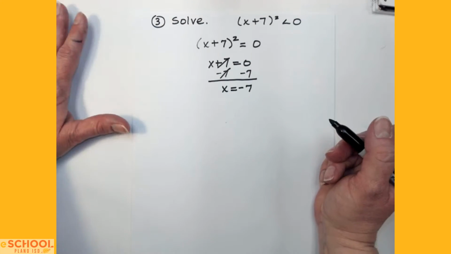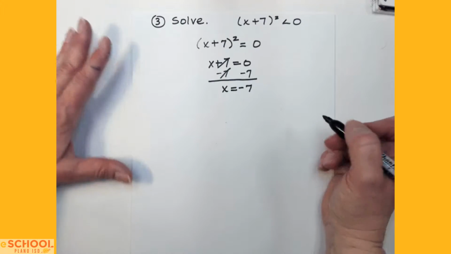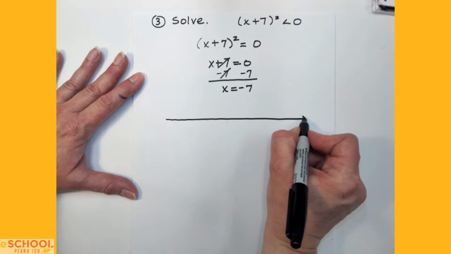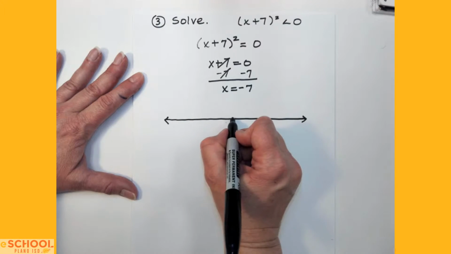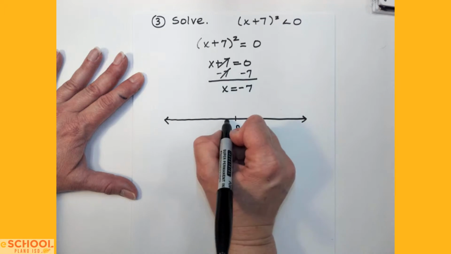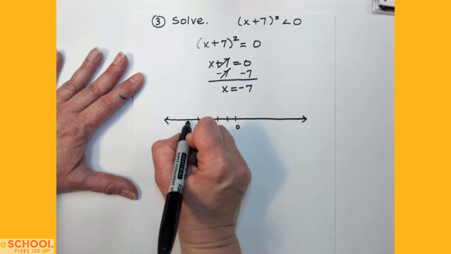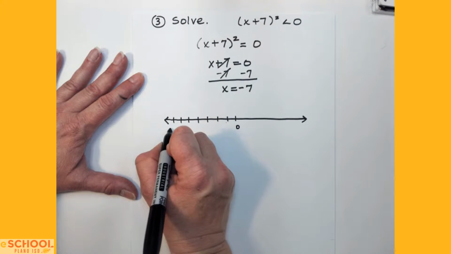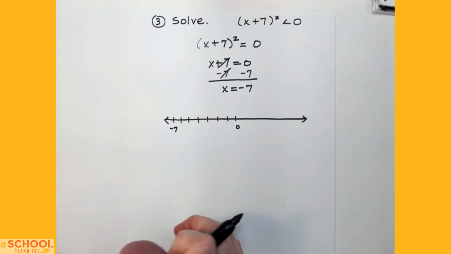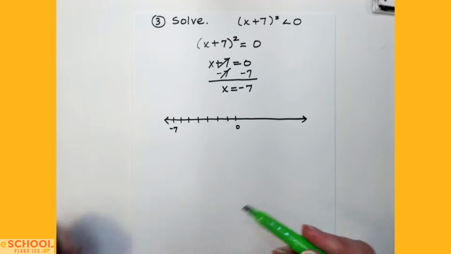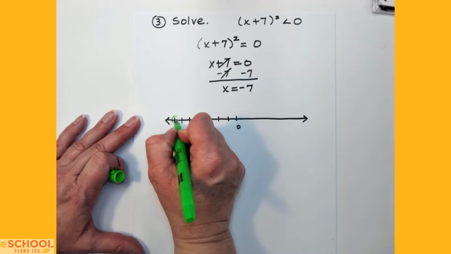Now this is the first one where we only have one endpoint. So when I'm thinking about the number line, or while I'm drawing it, I want you to think about, am I going to have an open circle or a closed circle where I have negative 7? So here's negative 7, and we are going to have an open circle at negative 7.